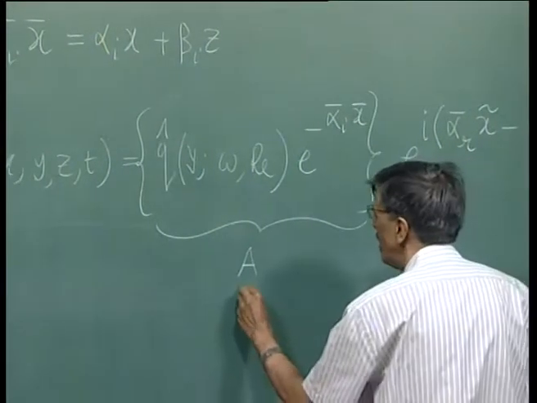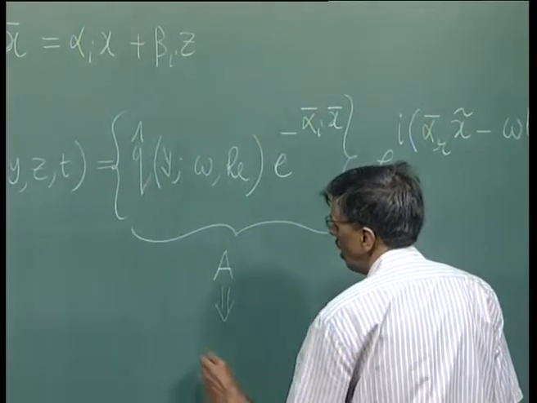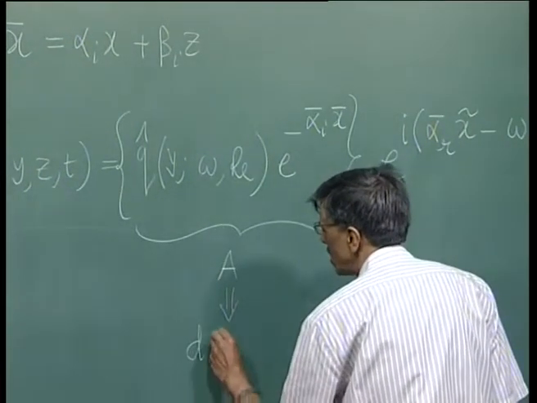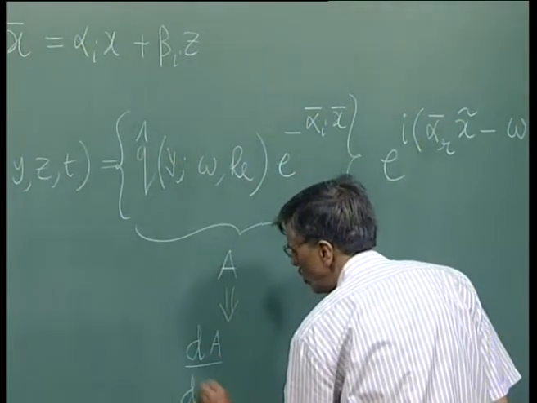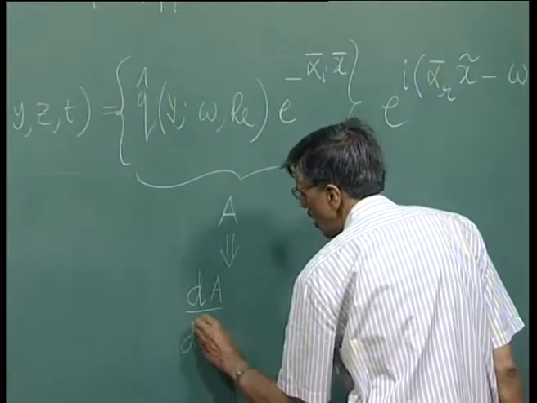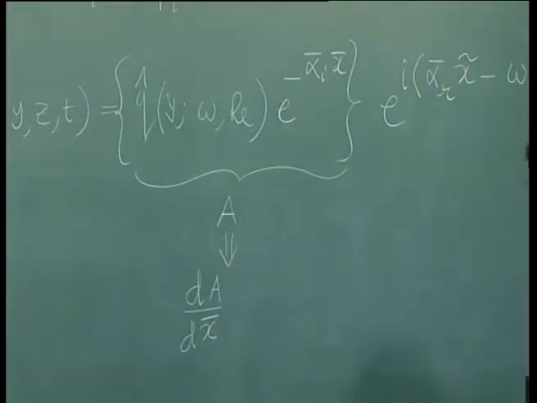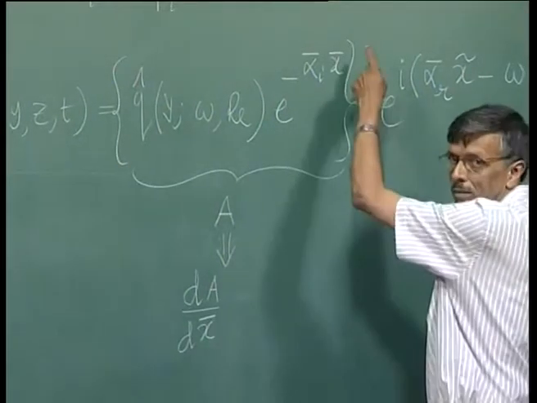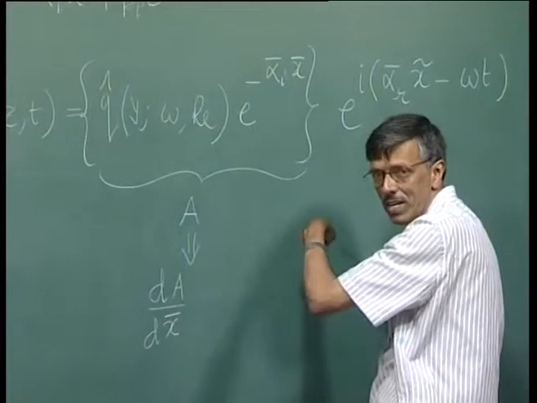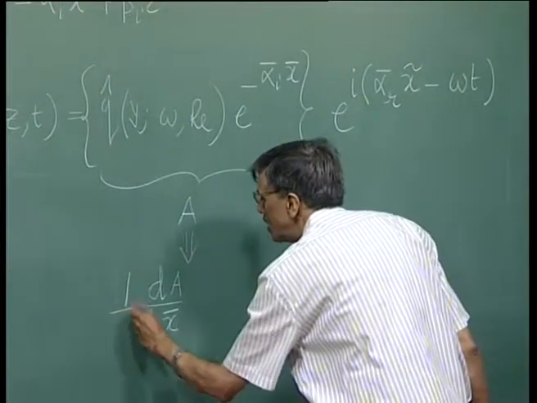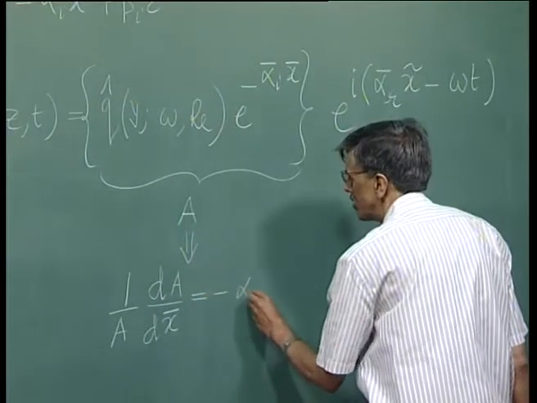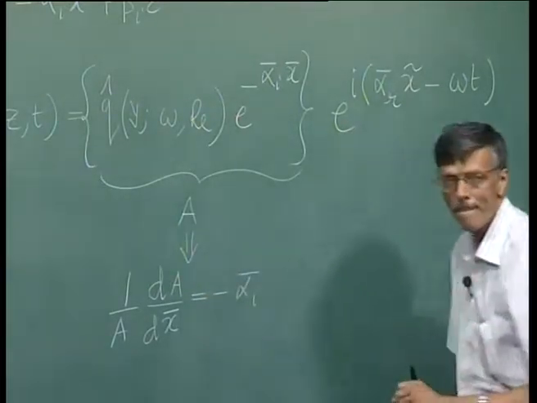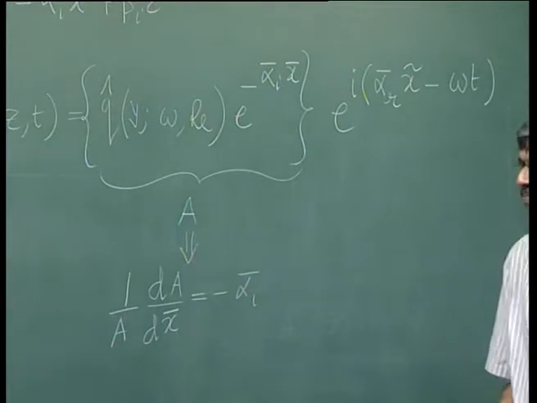So, from here what I could do is differentiate this amplitude with respect to x bar. Then what do I get? Minus alpha I times a. So, if I divide it by a, I get this equal to minus alpha I bar.